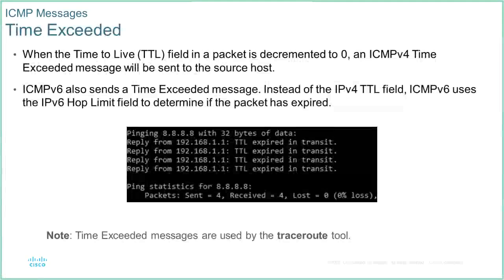So when we send a message out there, every time it goes through a router, basically a layer 3 device or above, it will decrease the time to live field as the message travels through the network.